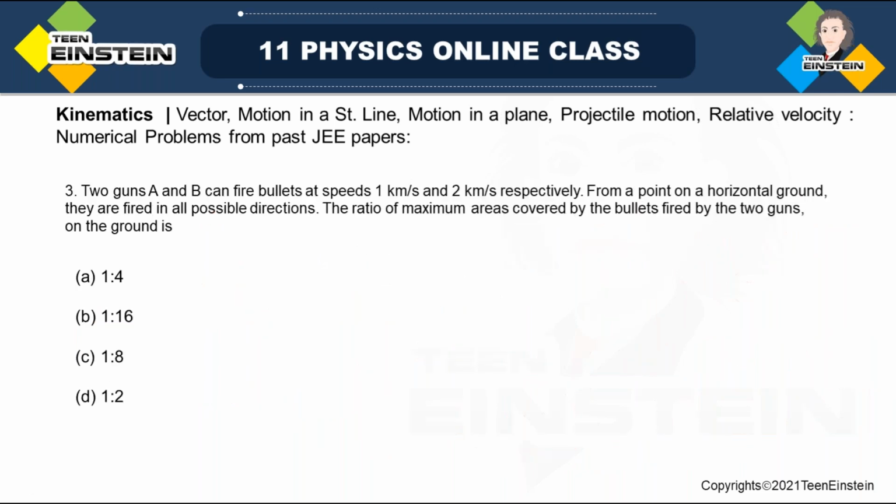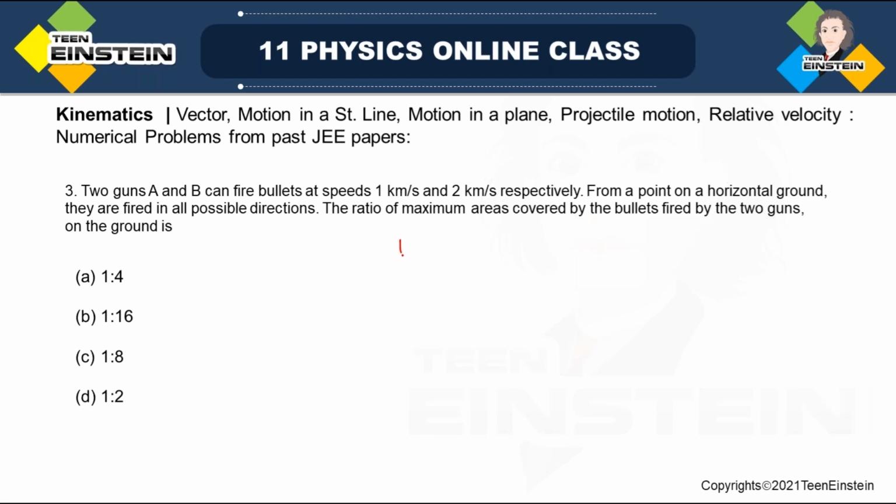Okay. Now these problems are mainly on projectile motion, but these problems are really tricky and thoughtful problems. That's why I'm discussing them. So here in this problem, there are two guns A and B, which can fire bullets.